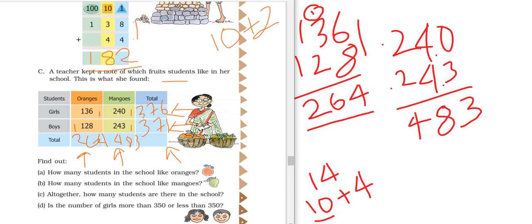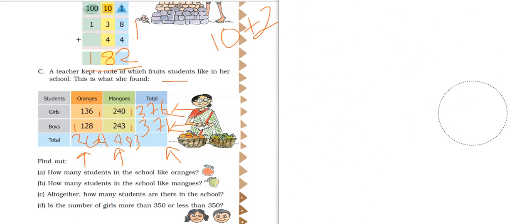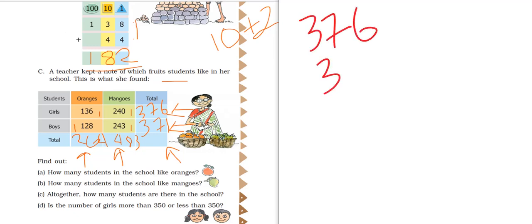Okay. Now we are supposed to add up all students. Doesn't matter whether we add 376 and 371 or add 264 and 483. Let's add 376 and 371. 6 ones and 1 one is a total of 7 ones. You have 7 tens and 4 tens.